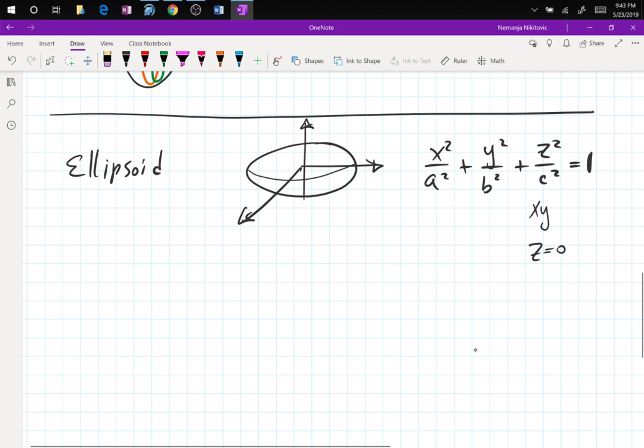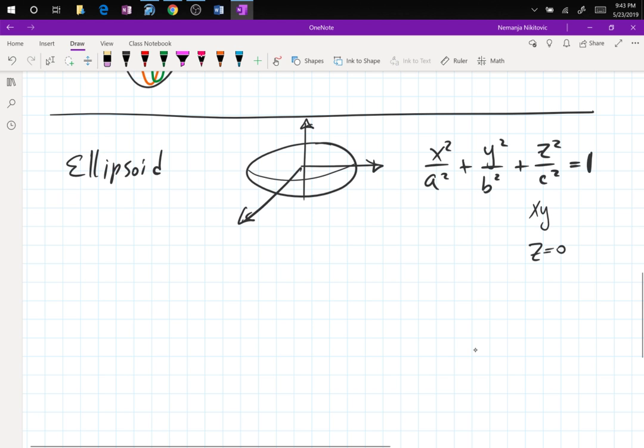If I'm cutting with the xy plane to get the xy trace, I will cut with the z, right? The floor, we said the equation for the floor plane is z equals 0. If I cut with z equals 0, imagine that this is a watermelon now, and I'm cutting it midway with the z plane.